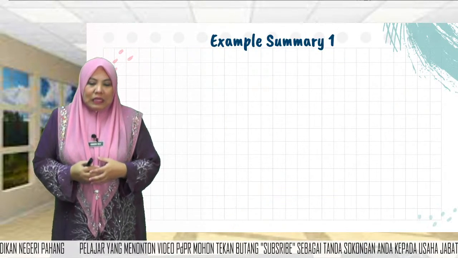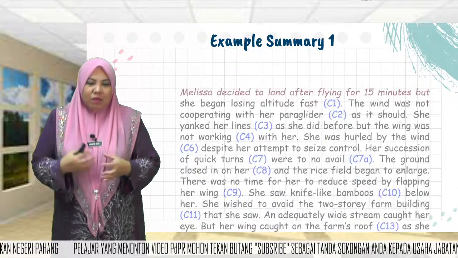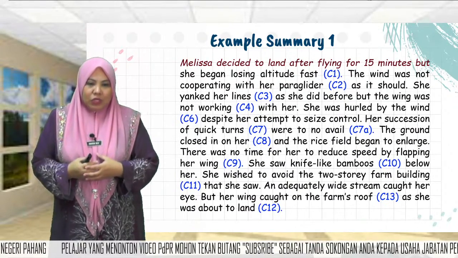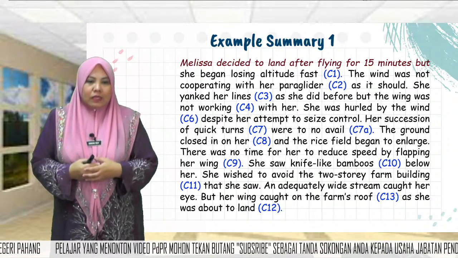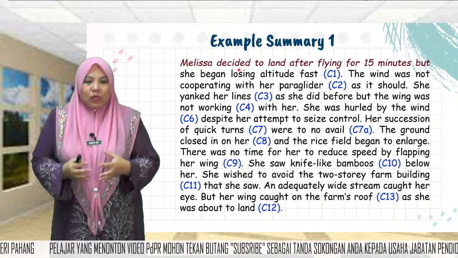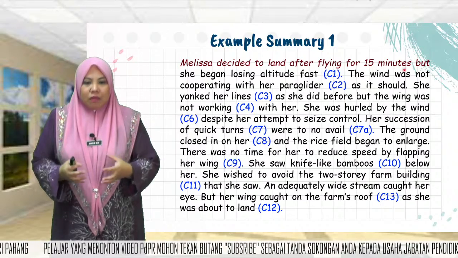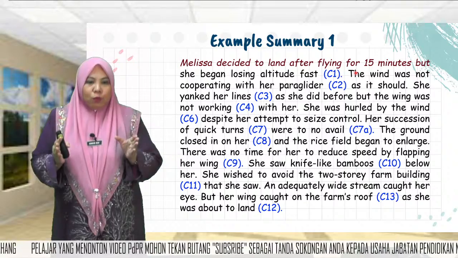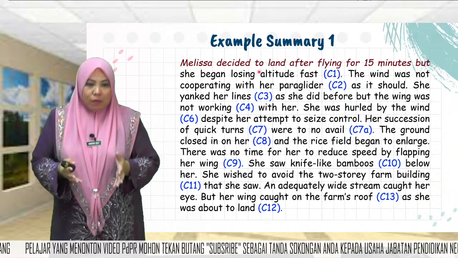So by looking at these two examples, maybe you can decide which you are able to do in your examination. Okay, so let's look at it. Melissa decided to land after flying for 15 minutes, but, so remember, this is actually the 10 words that you need to include in your summary.